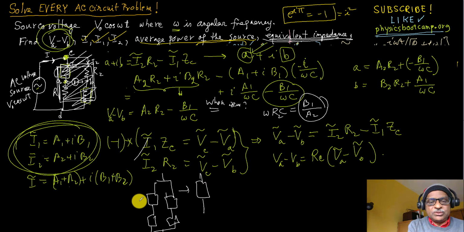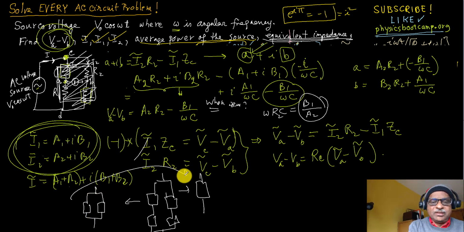So this is going to be converted into, you've done this kind of stuff before with resistors. So it's going to be like this, and then you're going to go into that. So this is ZC, R1, and R2, and ZL. So this is going to be R2 plus ZL, and this is going to be ZC plus R1.